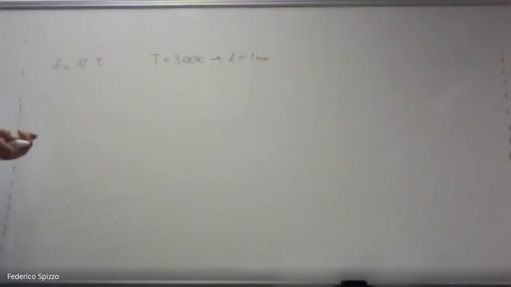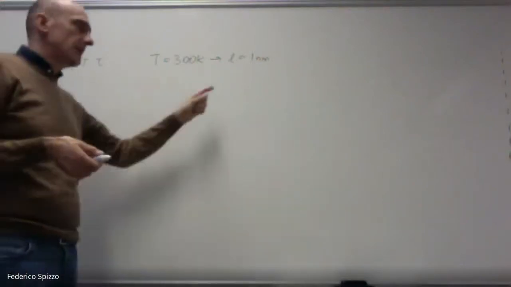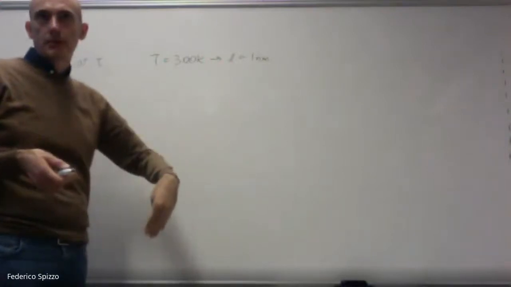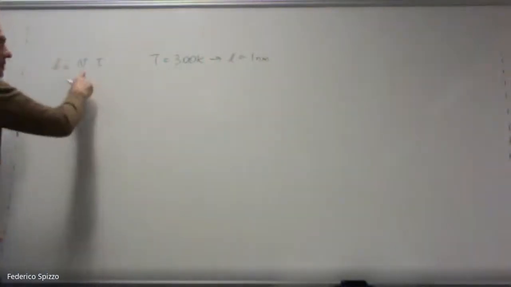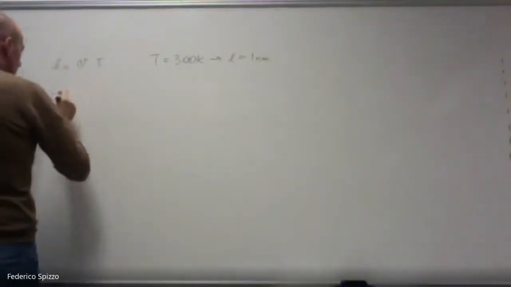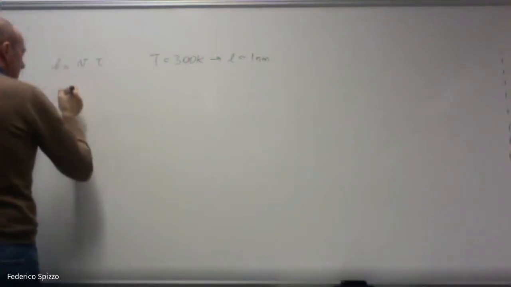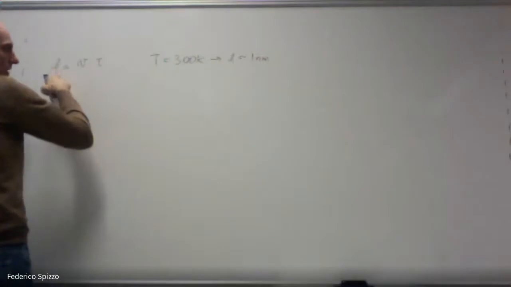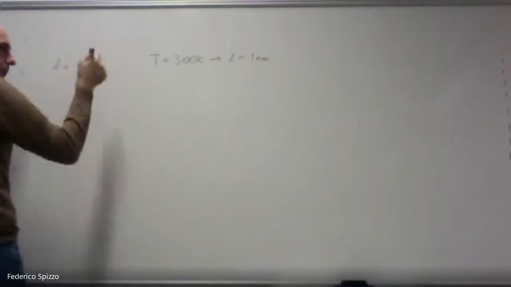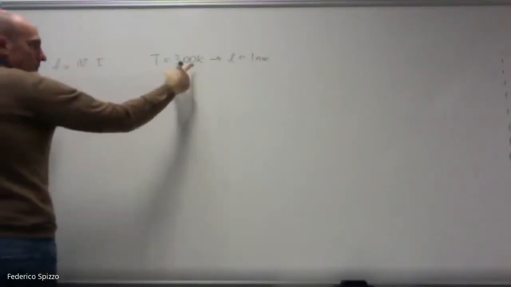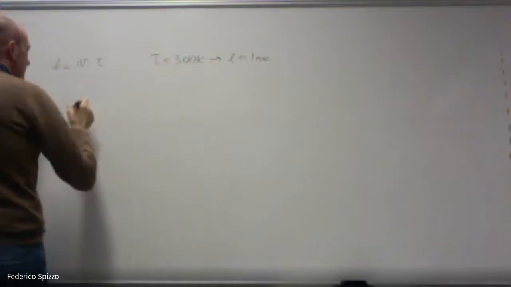What happens when we change the temperature? For instance, when we try to evaluate the mean free path at low temperature. The idea is to investigate how the value of L changes when we decrease the temperature with respect to room temperature.